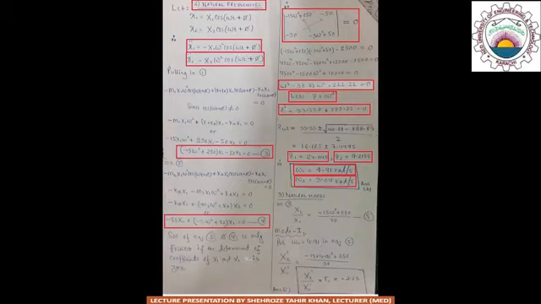So in order to find out the natural modes of vibration, we may use the modified forms of equations 3 and 4, and by substituting the values of omega 1 and omega 2, the ratios of the natural modes of vibration can be obtained as follows.